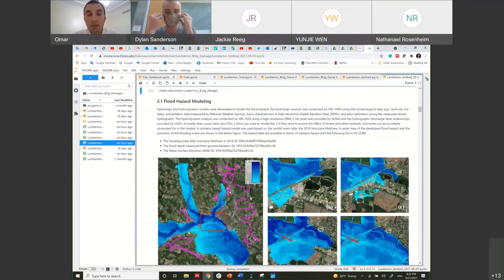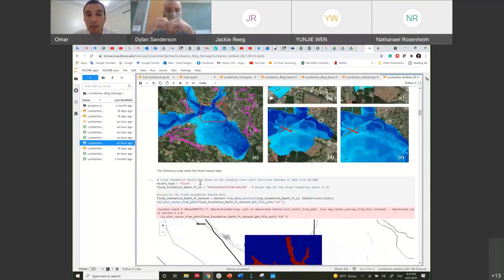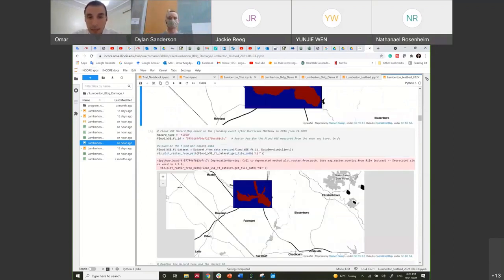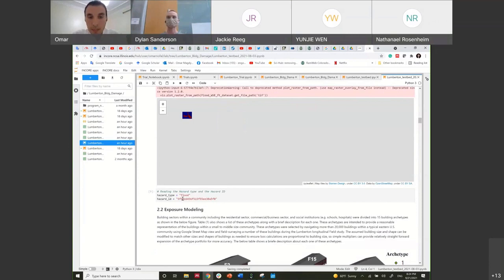One is the depth, which is the flood depth measured from the ground elevation, and this is the ID of this hazard map. Another is the water surface elevation, which is the elevation of the water measured from datum. This is the flood hazard that we use.